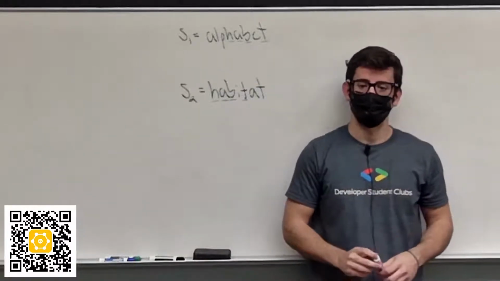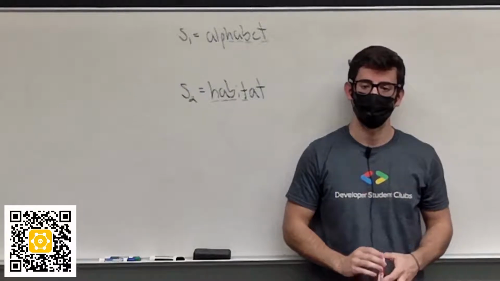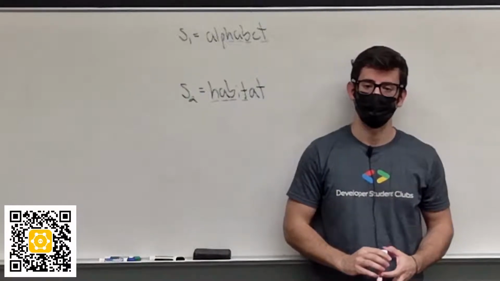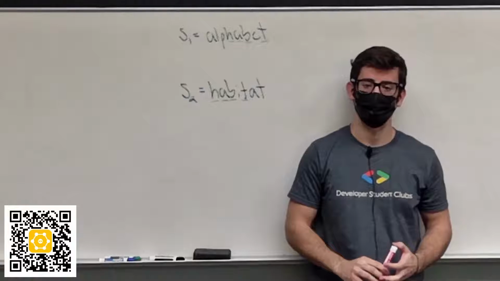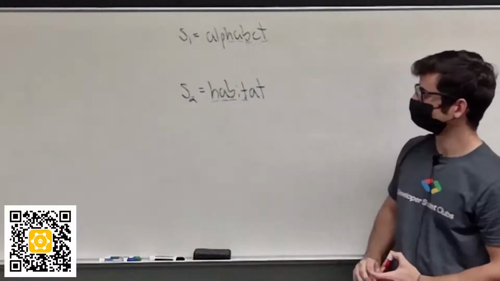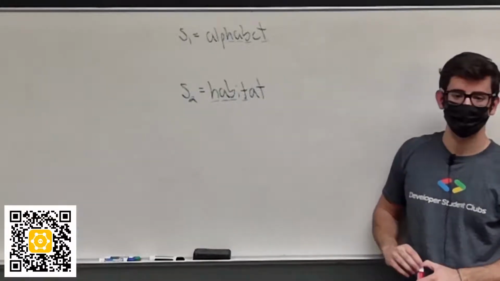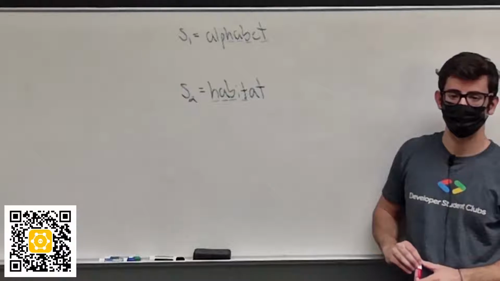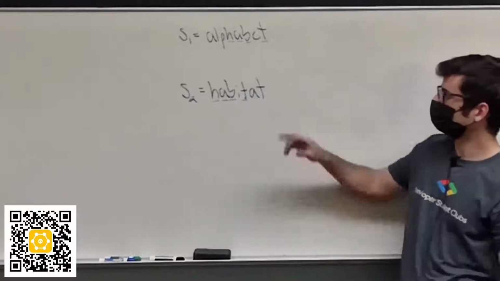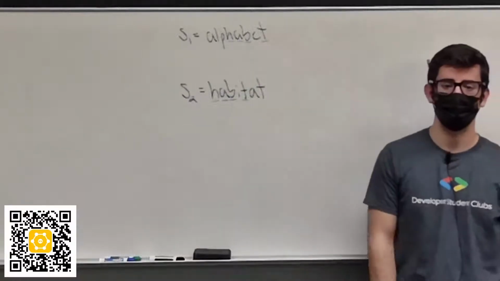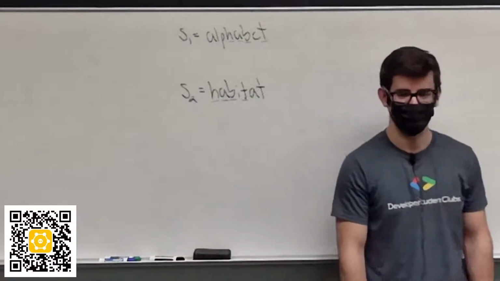You want to find the final string, which is formed from the character in the first string and the character from the second string. So you need both characters in order to add that character to the final string. And can I use one character multiple times? No, you cannot. That's part of the problem. Exactly.